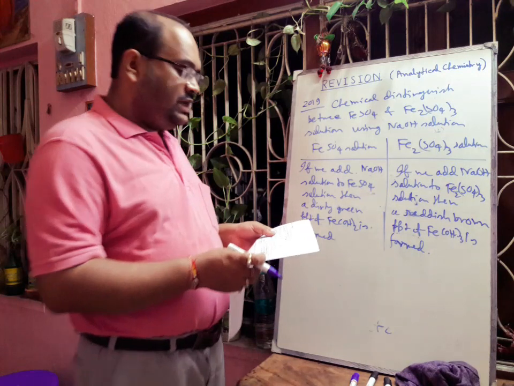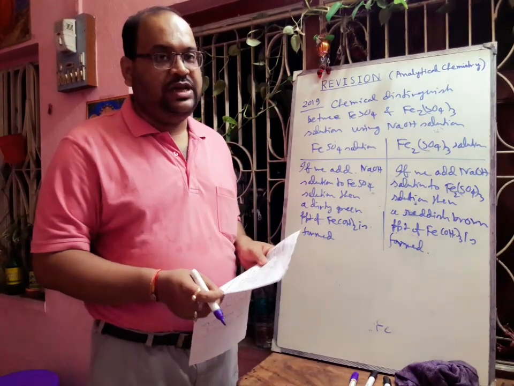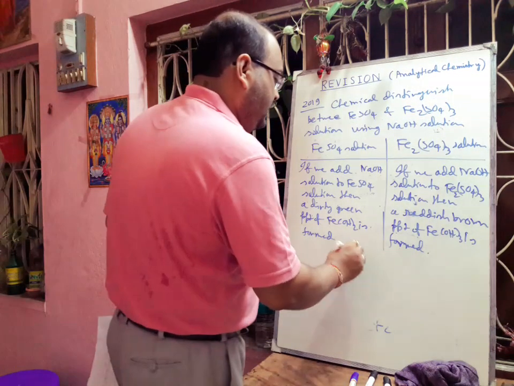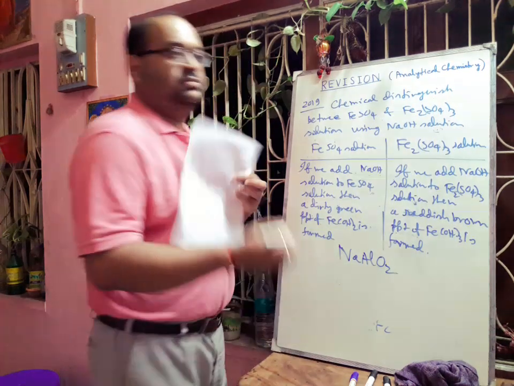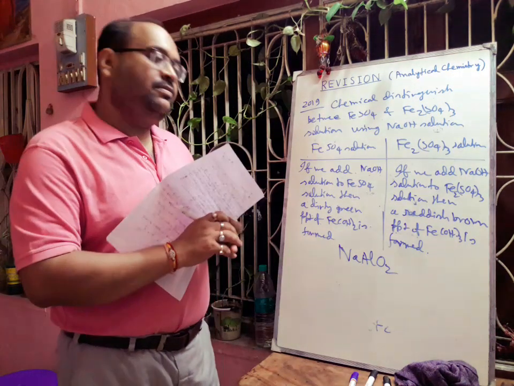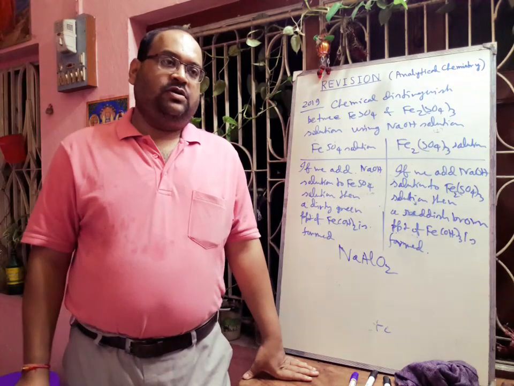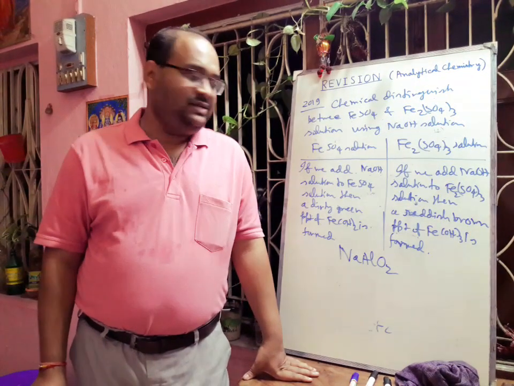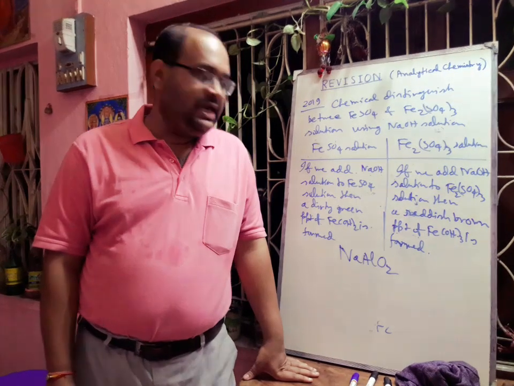The next question came: give the chemical formula of sodium aluminate. All of you know that sodium aluminate is NaAlO2. Actually, there is some confusion in this question. In your book, when you read the metallurgy chapter, it is given that the sodium aluminate formula is Na3AlO3.